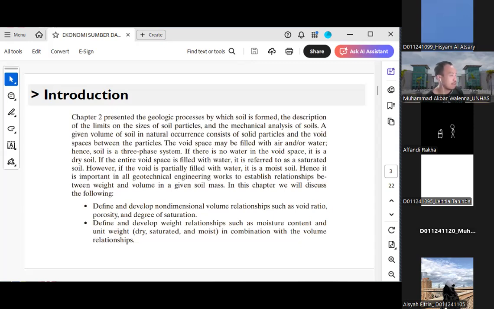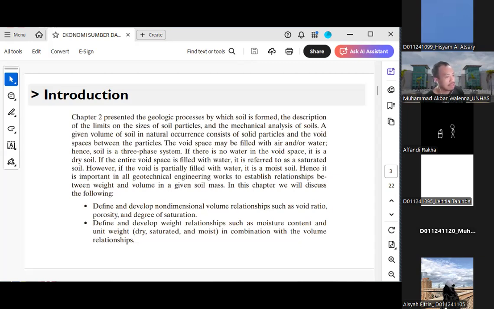So heavy rain is when the amount of moisture excessively exists abundantly in the site, and that would definitely affect the three-phase system of the soil itself.